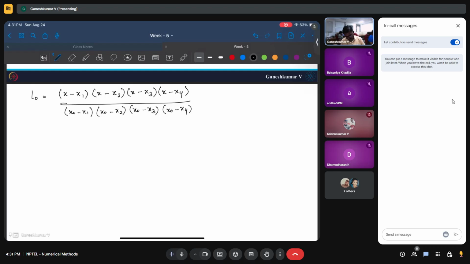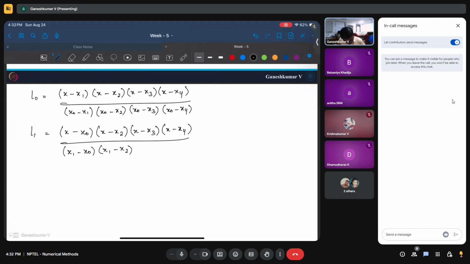This is your L naught. Similarly, you can write L1. Should I write everything? Okay, let me just write it once. x minus x naught, x minus x2, x minus x3, x minus x4 (x minus x1 will not be there), and the same with x1 in the denominator: x1 minus x naught, x1 minus x2, x1 minus x3, x1 minus x4.